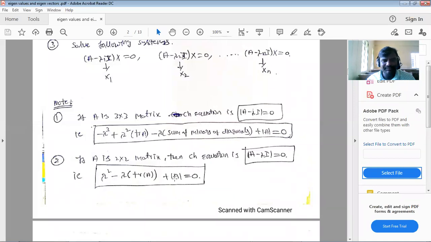But for the 3 by 3 order, it is minus lambda cube plus lambda square into trace of A, the sum of the diagonals of the A matrix, minus lambda into the sum of the minors of the diagonals. Understand this point: the sum of the minors of the diagonals, the diagonal minors. I will explain in the problem how to find the sum of the minors of the diagonals. Plus determinant of A is equal to 0.